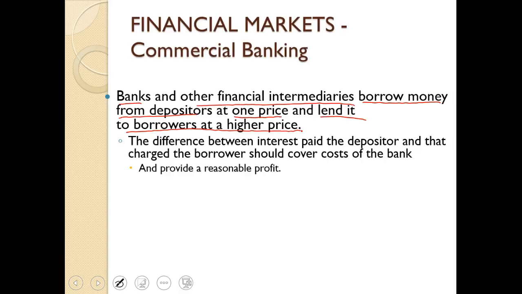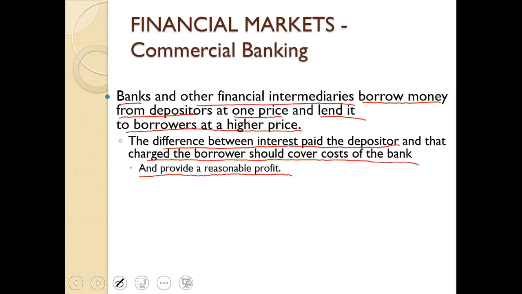So the difference between the interest paid to the depositors and that charged to the borrowers should cover all costs of the bank. And of course, they're going to provide a reasonable profit. That's why a bank pays you interest on a savings account or a certificate of deposit, because you're guaranteeing that you're leaving a set amount of money in this bank.